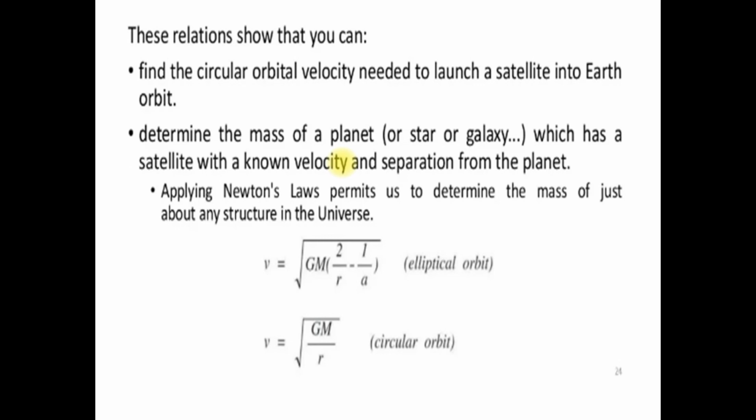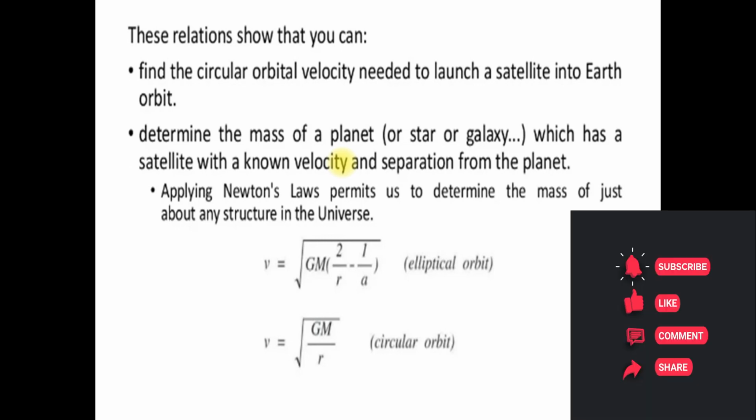If we go with different types of orbits, elliptical and circular, the velocity value may vary. It is given as square root of capital GM times 2 by r minus 1 by a for elliptical orbits. For circular orbits, v is equal to square root of capital G capital M by r.